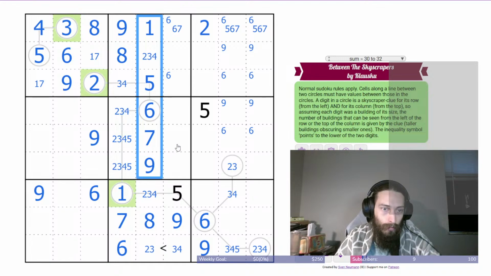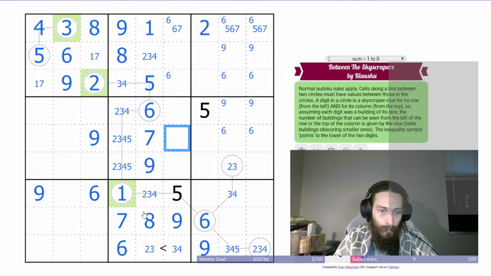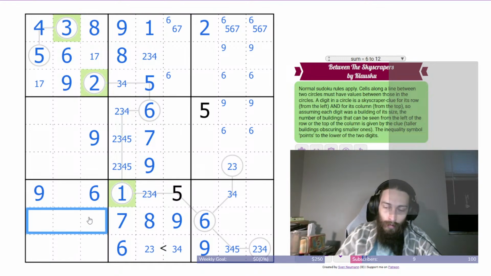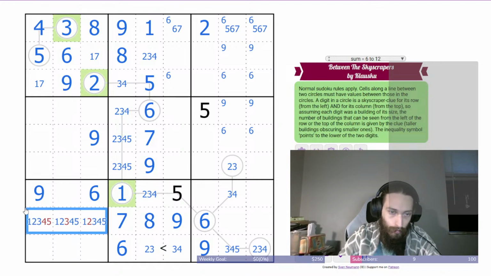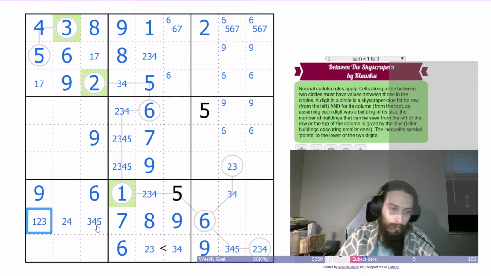And that is 6 digits. And none of them can be 6. This one can't be 2 or 1. This cannot be 1 or 5 or 3. And this cannot be 4 or 5.